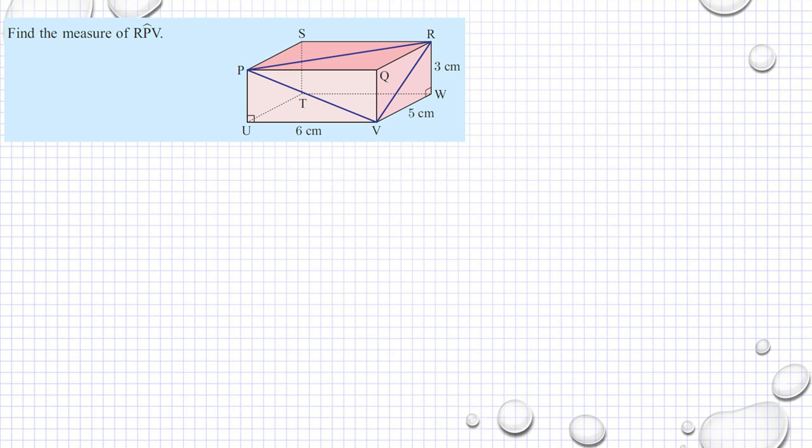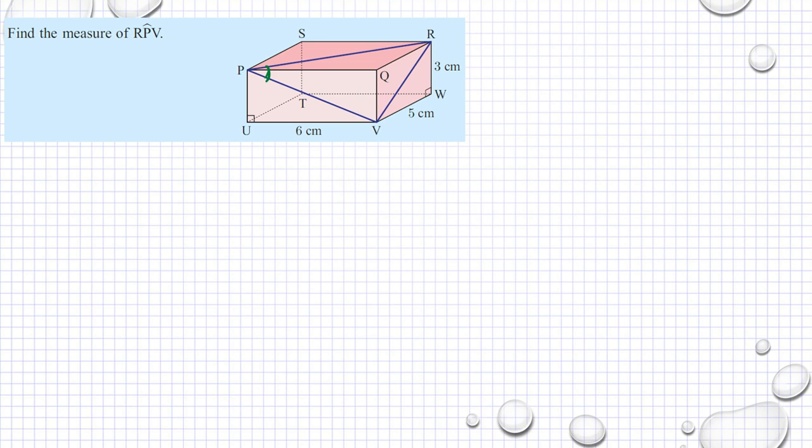Okay, another example. Find the measure of angle RPV. That means RP, this one. Maybe another pen is better. The green one. That is what we're going to find. So if we can find that, then we need the length of PV.